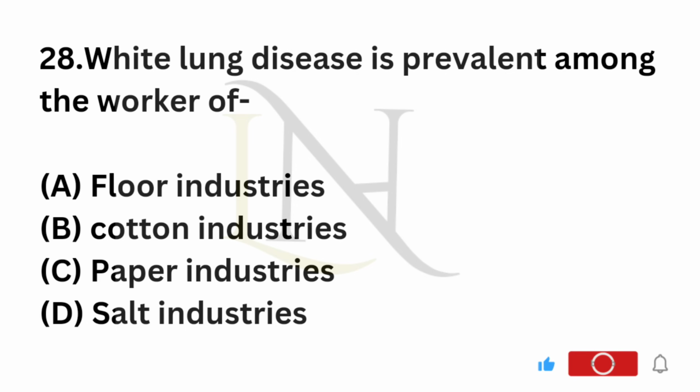Move to next MCQ. White lung disease is prevalent among the workers of: option A, flour industries; option B, cotton industries; option C, paper industries; option D, salt industries. Answer is option B, cotton industries.